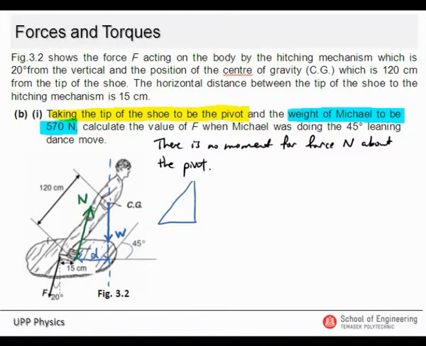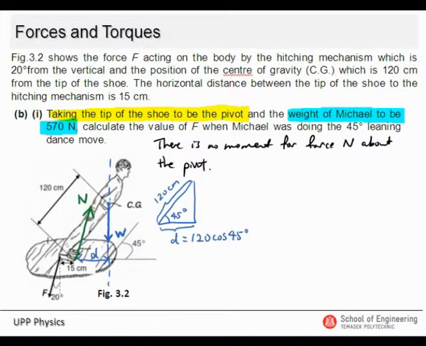The hypotenuse represents the slant of Michael. And this distance from the tip of the shoe to the CG is 120 cm. Now the angle is slanted 45 degrees, and this is D, which is what we need to find. So using a simple trigo function, we can find that D is 120 cosine 45 degrees. So the perpendicular distance of W is found.